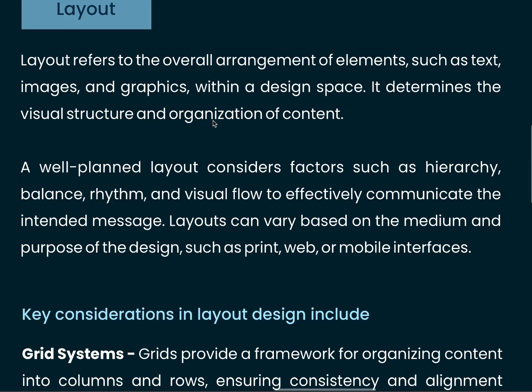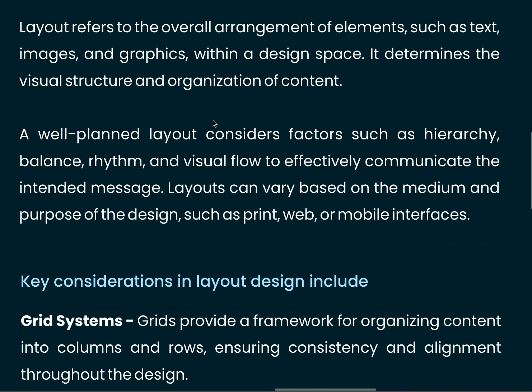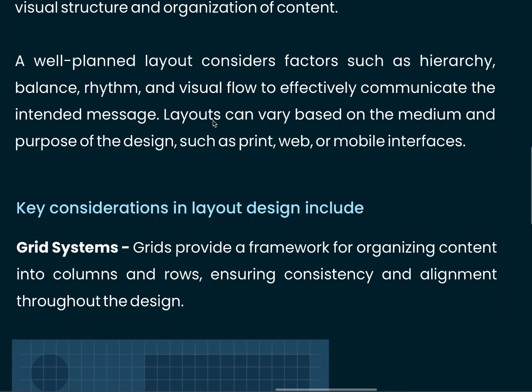So what are the key considerations in layout design? The first thing here is the grid system. Grid provides a framework for organizing content into columns and rows, ensuring consistency and alignment throughout the design.